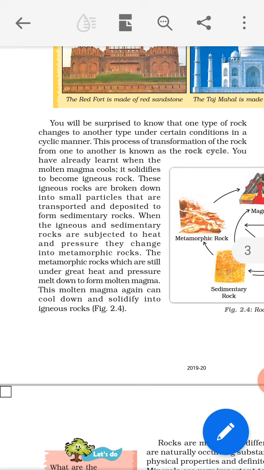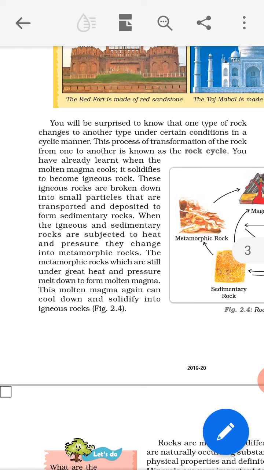Now these igneous rocks, after being broken down into small sediments, small particles, are transported and deposited to form sedimentary rocks. So igneous rocks change by this process and turn into sedimentary rocks.